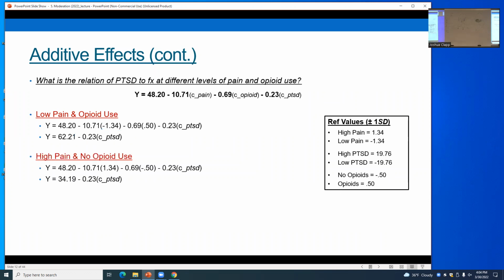I want to go high pain and opiate use, same thing, right? Doesn't matter what values of these other variables I'm putting in. Does any of this ever change the nature of the relation between X and Y? No, it doesn't, because it can't, because this is what's going on in the additive model.